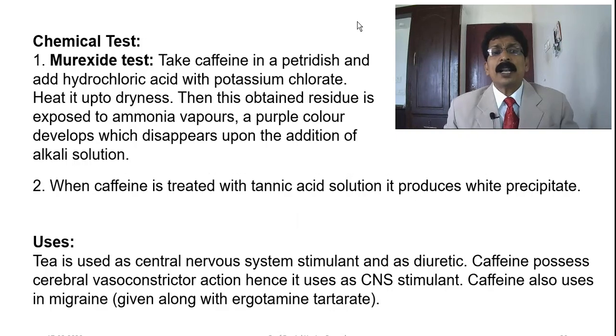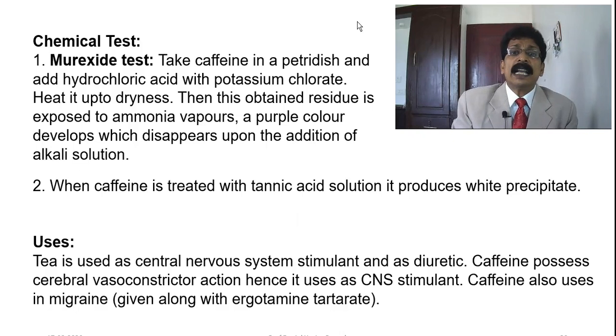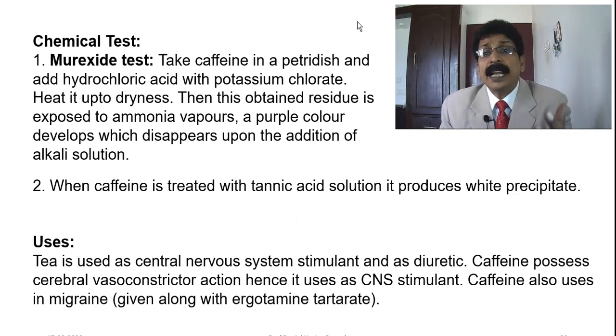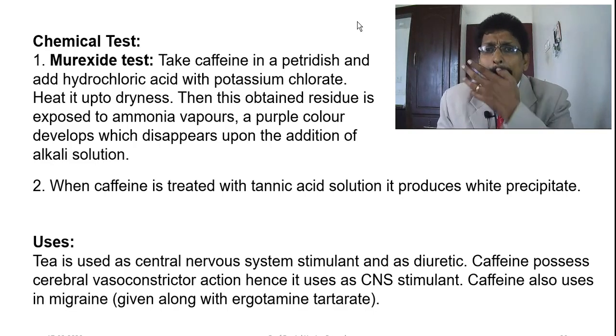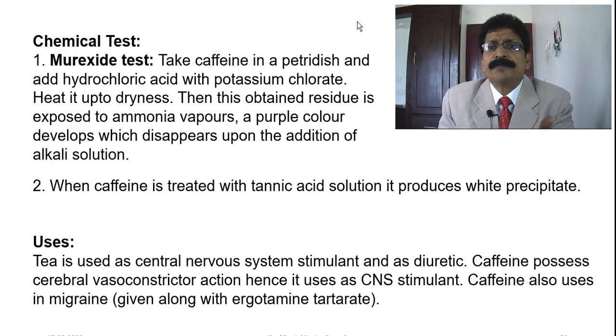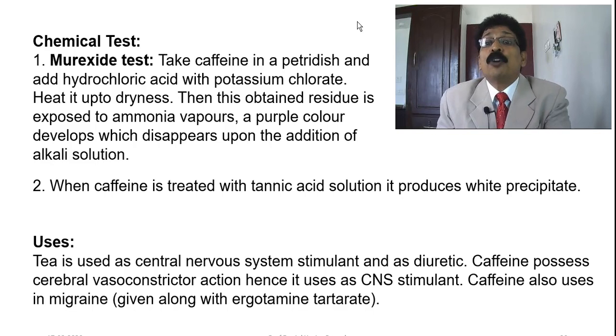So how to do the Murexide test? Chemical test, Murexide test. Take caffeine in a petri dish or in a porcelain dish, a white clay dish. Instead of using the word china, you can use porcelain dish.